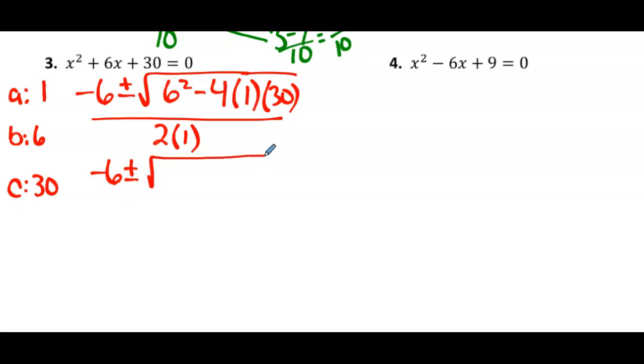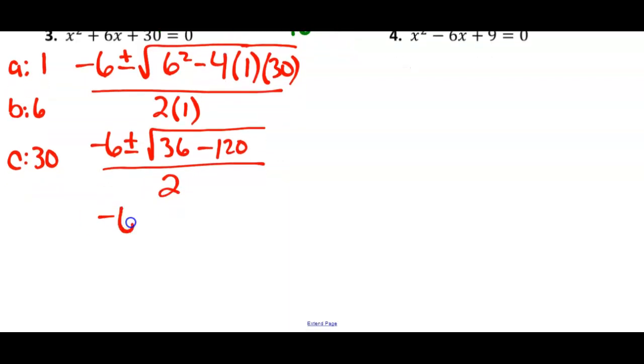What do I have in there? 36 and -4 times 30 is going to give me -120, all over 2. What's going to happen here? I'm going to have -6 plus or minus the square root of what? What's 36 minus 120? That's -84, all over 2.